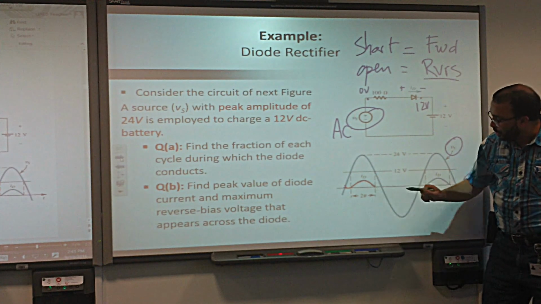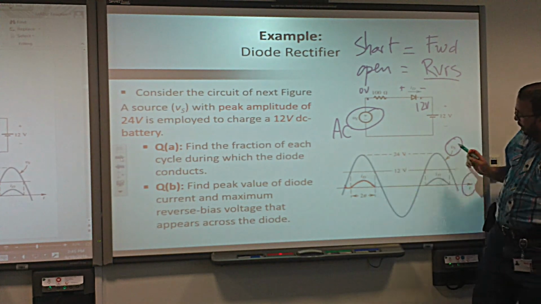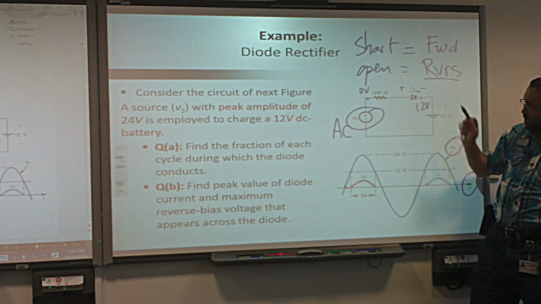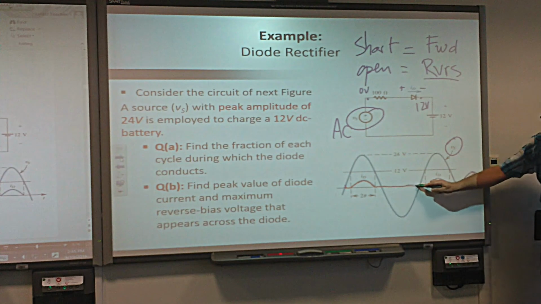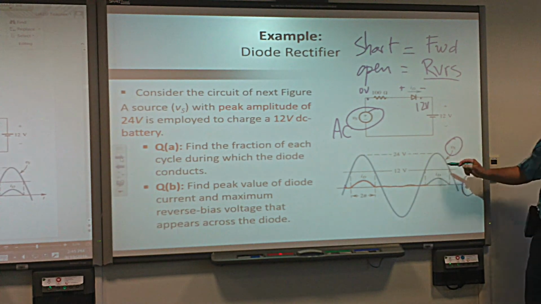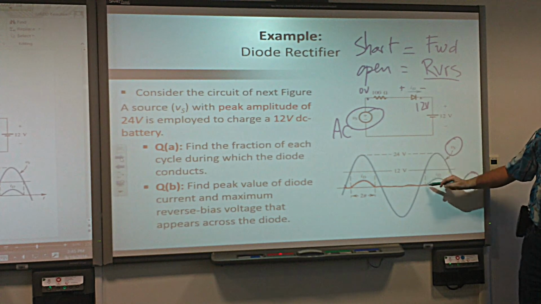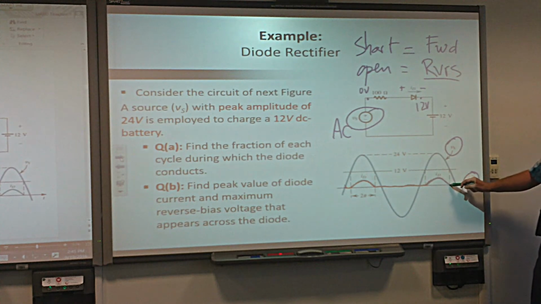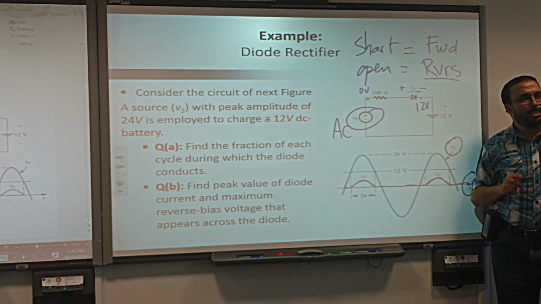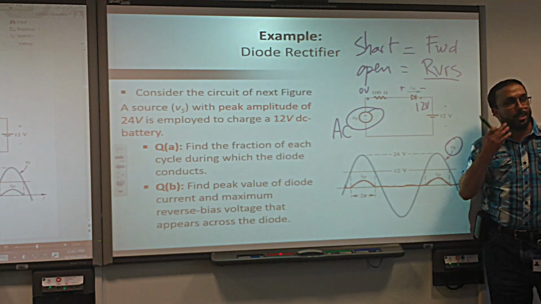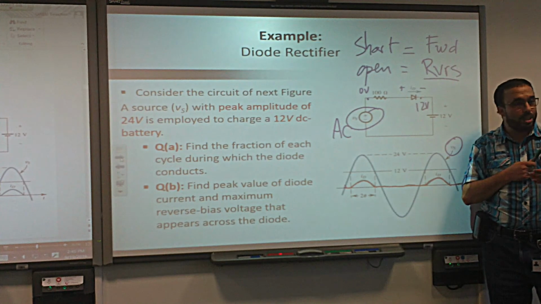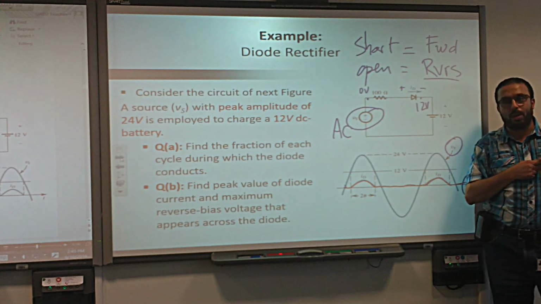And then it will go to 0 again when the voltage of the source goes below 12. So it goes 0, 0, 0, until the next time the input voltage becomes above 12, and then the current increases. And so on. See? So the current does not have a negative value. This is a rectification. You can see the rectification as a current or as a voltage. Same thing.